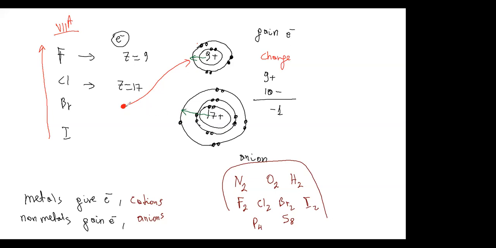So the electron would easily go to fluorine. That's why the fluorine is more reactive than chlorine. Also, chlorine is more reactive than bromine, etc. Okay, so this is the definition for nonmetals. The reactivity of them increases from bottom to top.